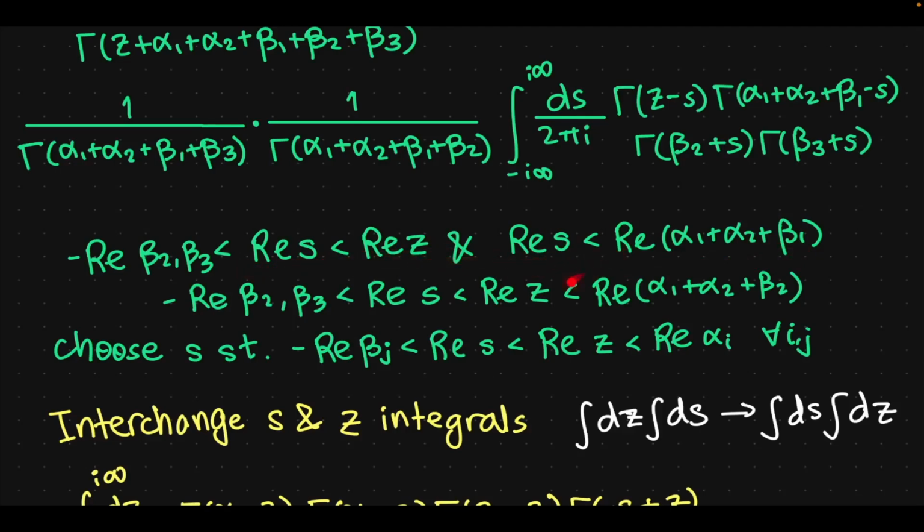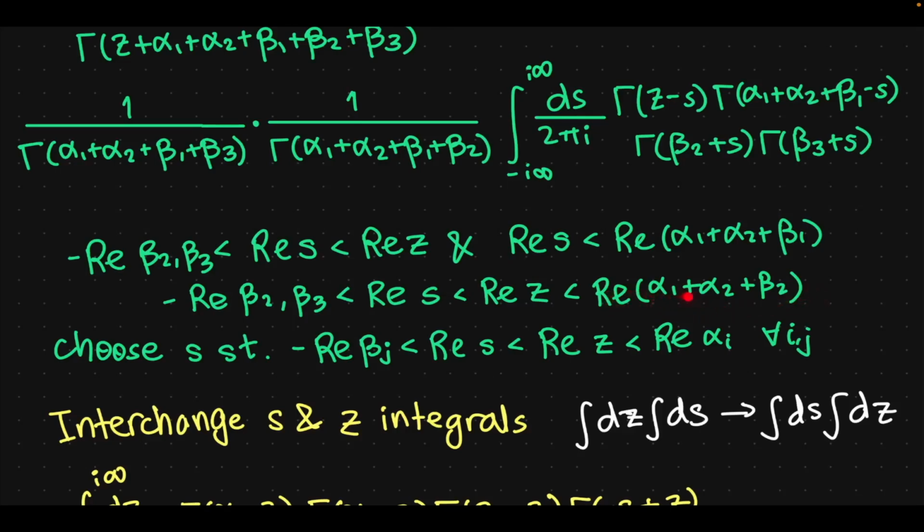Because why? Because based on the initial assumption of this lemma, real part of z is less than real part of all alphas, right? And we know that the real part of any alpha plus any beta is always greater than 0.